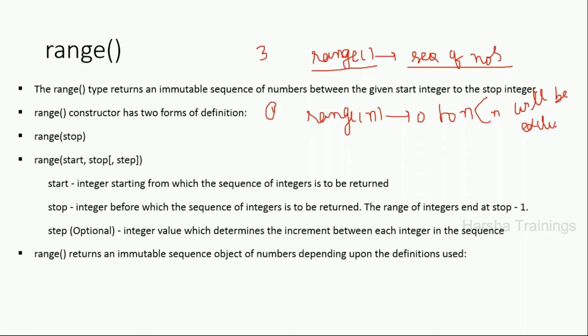This is the most important point, so note it down in your notebooks. For example, range of 5 generates the sequence 0, 1, 2, 3, 4. 5 will not be included.